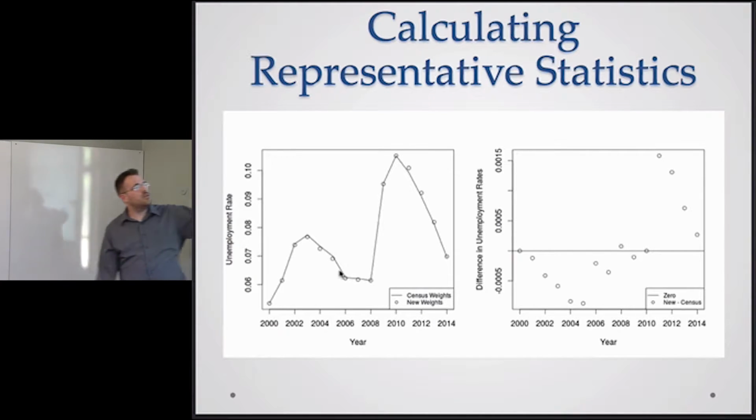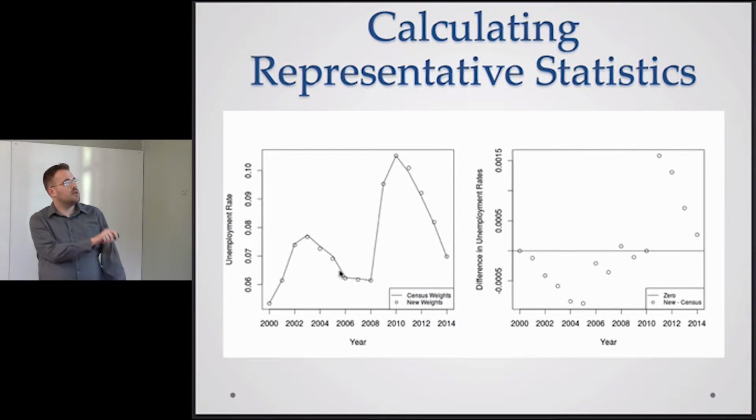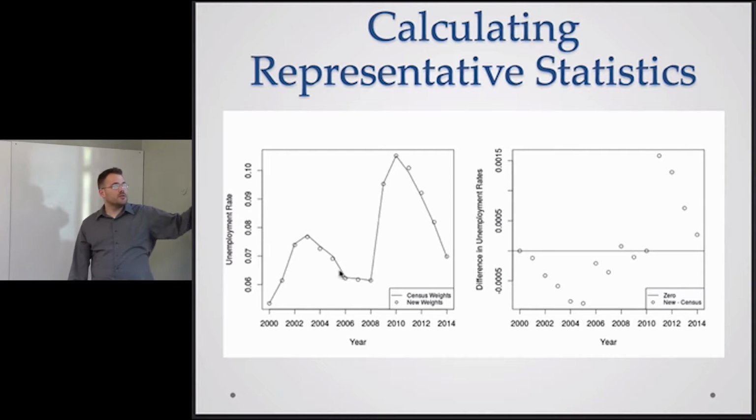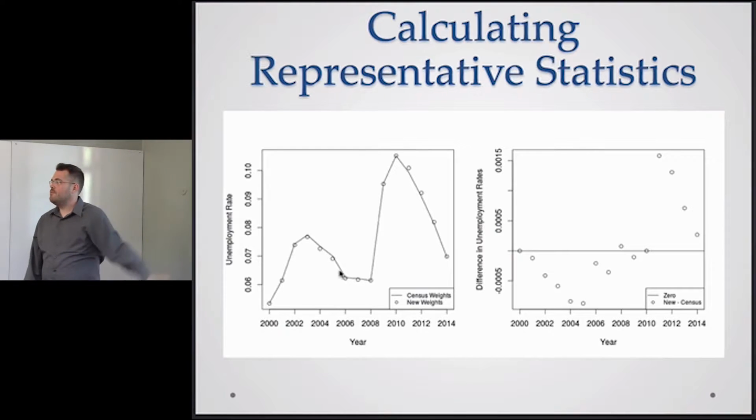So I calculate the weighted unemployment rate here, and the solid line is the census methodology estimate, and the circles are my population estimates, and you can see that there's not much change. The right shows the difference between the census and my methodology. You can see that the change is 0.15 at maximum, so very small changes in unemployment.